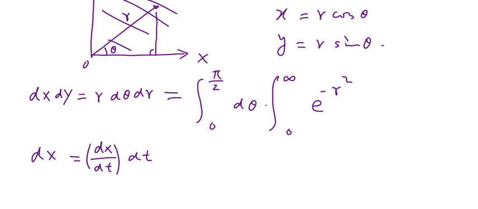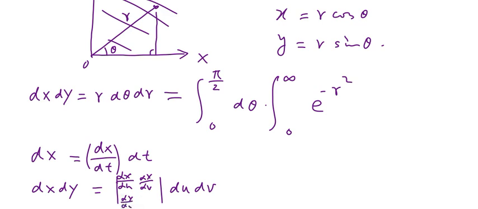For two variables, dx dy, if we change to du dv, then we should multiply by the determinant of partial x over partial u, partial x over partial v, partial y over partial u, partial y over partial v.